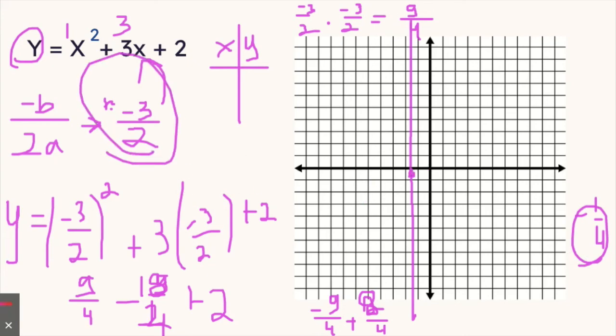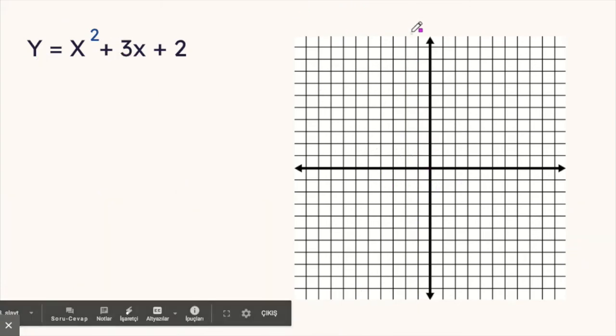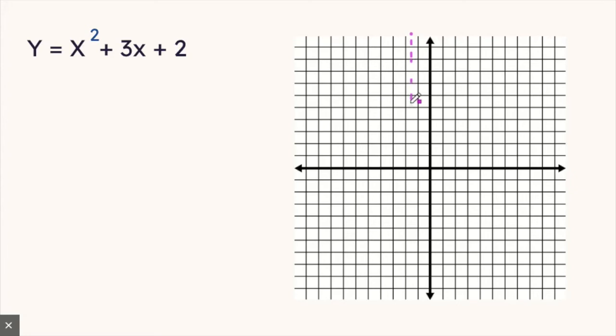What we can do after that is, now that we know where our axis of symmetry is, we can plug in points around here and then just mirror that image on this side. Now that we found our axis of symmetry was here, and our vertex, which was around here, we can get to graphing.